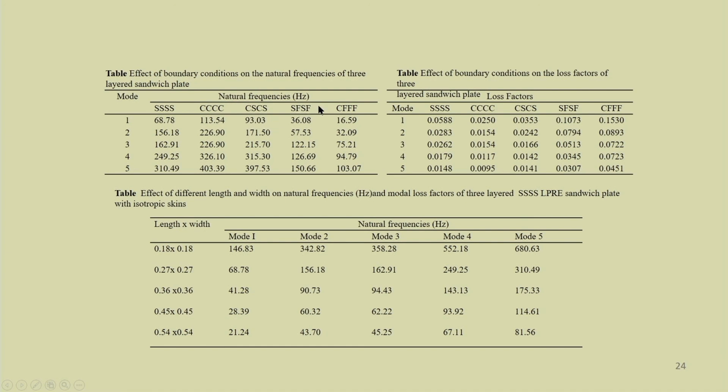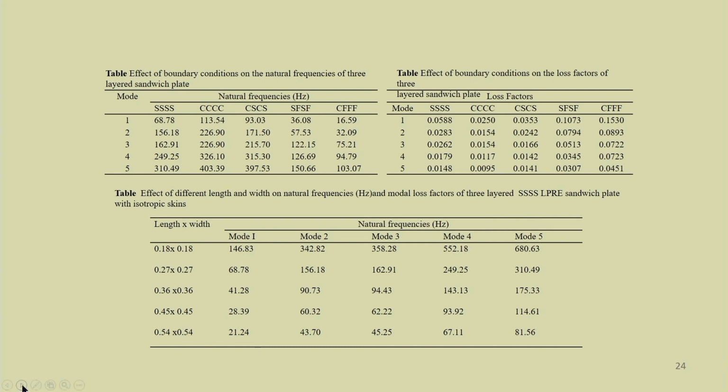F is free, so SF: one side simply supported, other side free. Then CF, this is a cantilever type: one side is clamped and the other 3 sides are free. This way one can study the natural frequency for different boundary conditions.